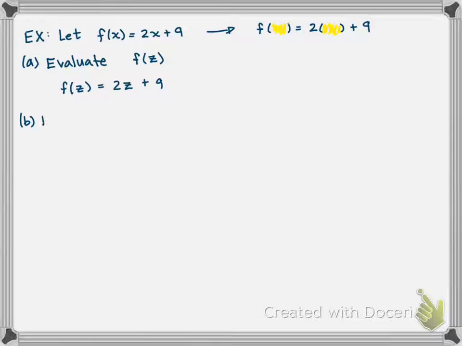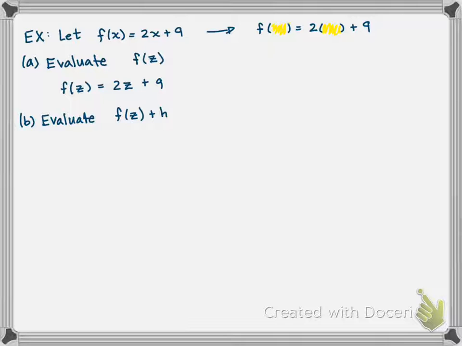So next we're going to evaluate f of z plus h. Remember, what's in the parentheses is your input. So what am I actually inputting into f in this case? I'll give you two choices. It's either z or z plus h.